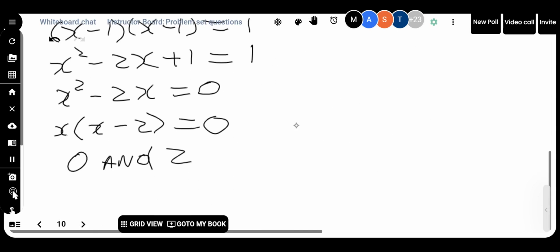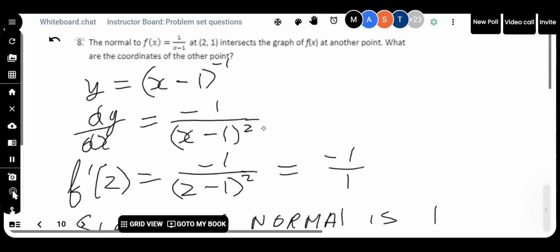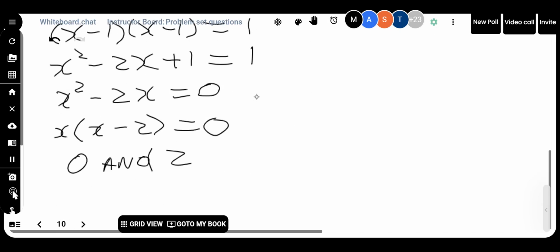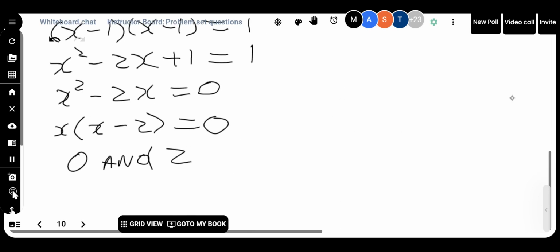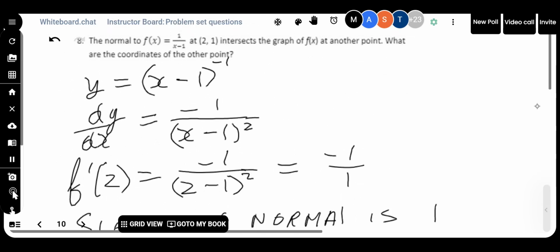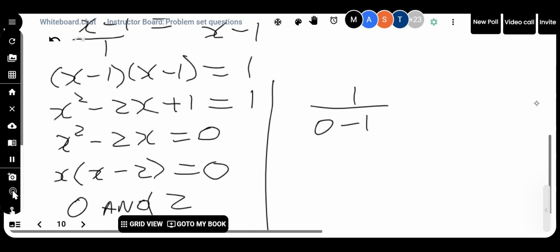So what I'm going to do is plug 0 into the function, which is this function right here, and see what the y value is, because that's what I'm trying to figure out, the coordinates of the point. We have one coordinate already, which is 2, 1. The other occurs when x is equal to 0. So it's going to be 1 over 0 minus 1, which is therefore equal to minus 1.